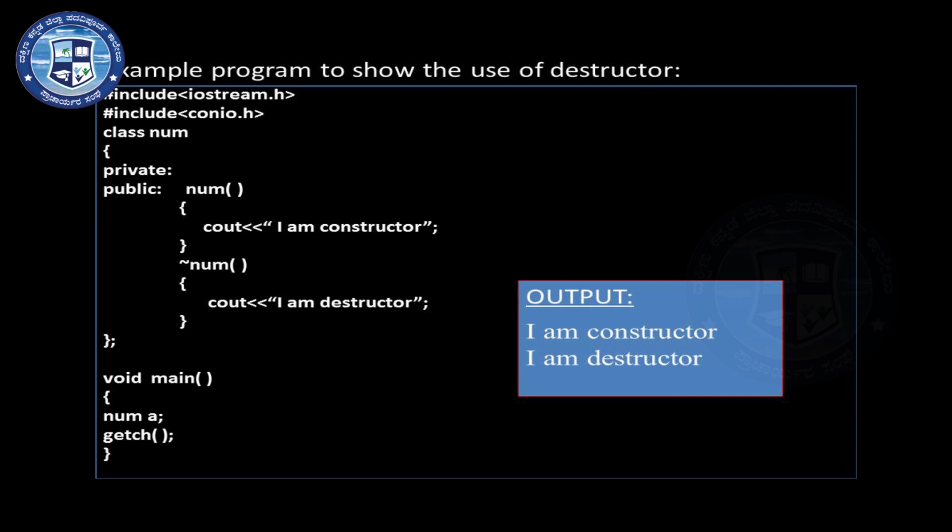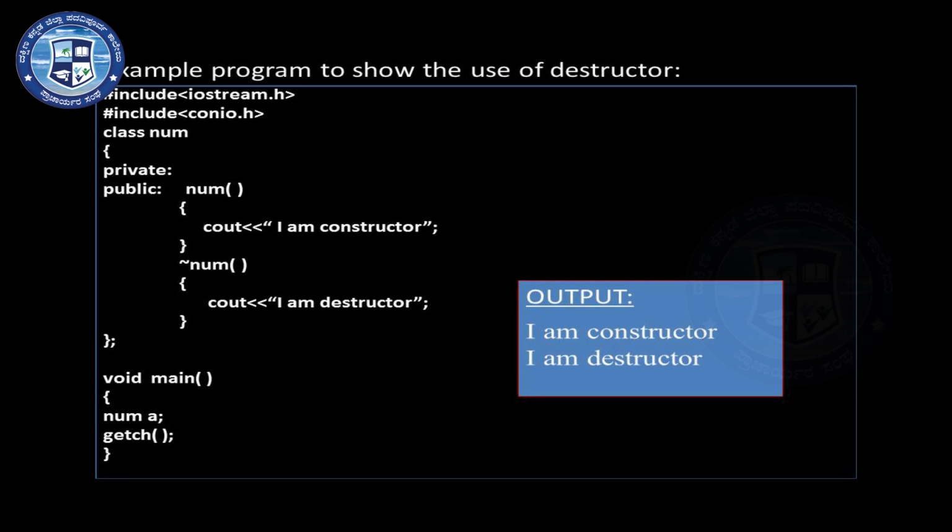Whenever I write like this, automatically program control will move to the constructor. So first it will display the constructor message. Always, whenever you create one object, program control will move to the constructor. After execution of the constructor, program control will move to the destructor. So whatever memory was allocated by the constructor, we are going to deallocate with the help of the destructor, that you can observe here.